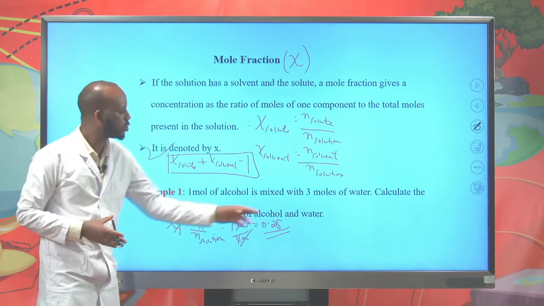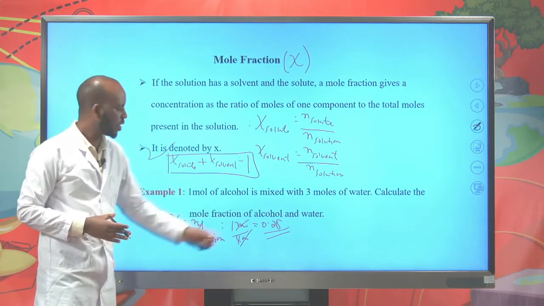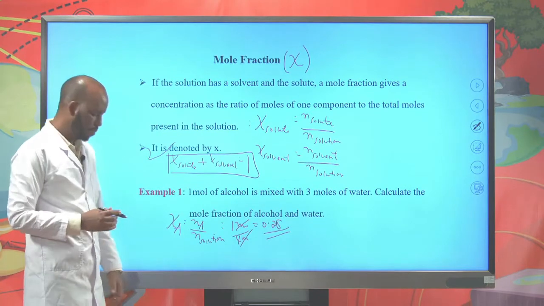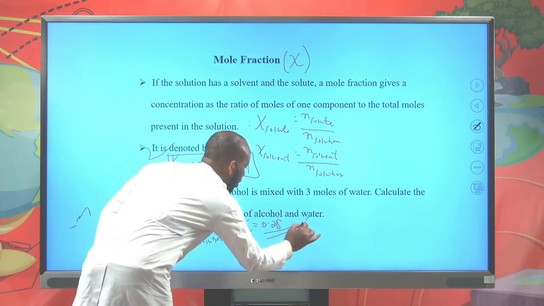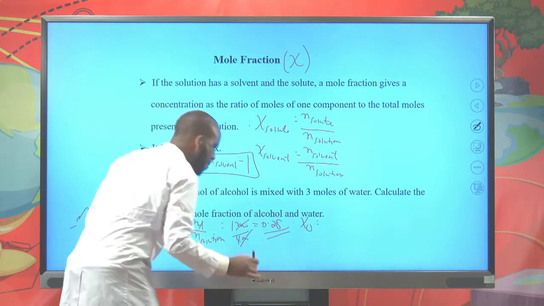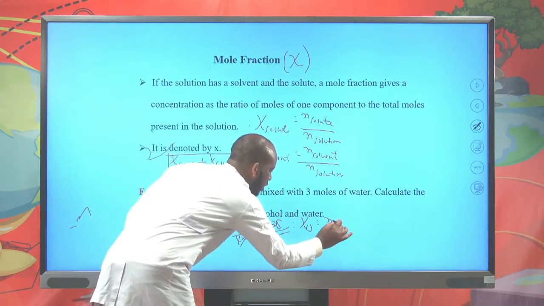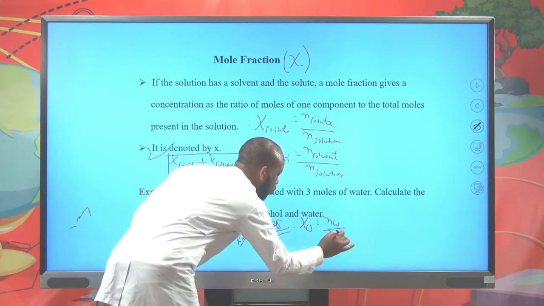What is the mole fraction of water? Mole fraction of the solvent. Mole fraction of water equals number of moles of water divided by number of moles of solution.